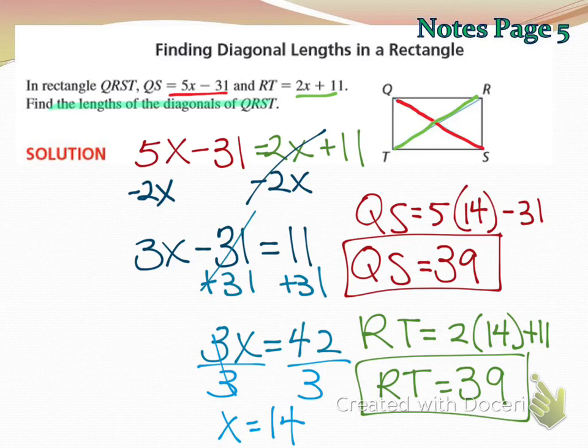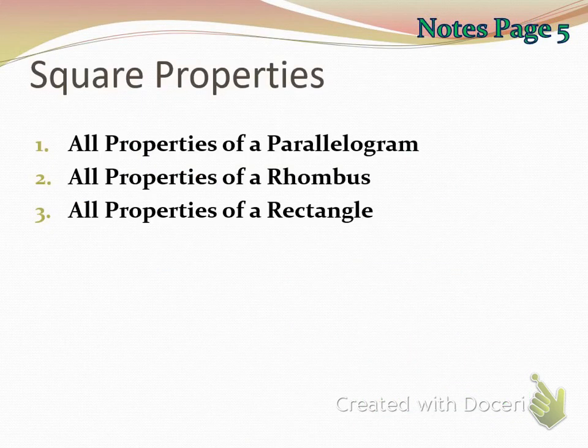All right, a square. Nothing special about a square other than it has all the properties of a parallelogram, all the properties of a rhombus, and all the properties of a rectangle. So I'd write that in. On your test, when there's a matching section with properties, make sure if you say it applies to a rhombus, it also applies to a square. If you say it applies to a rectangle, it also applies to a square.